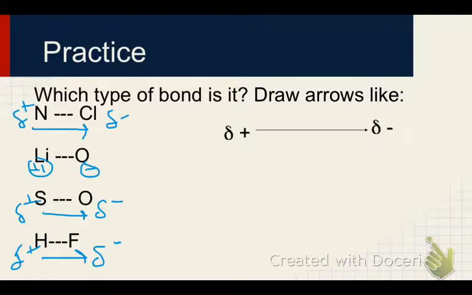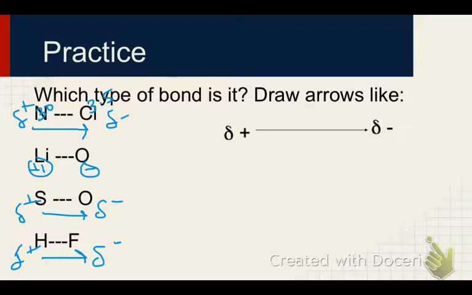Okay, so time to check our answers. First one, N to Cl. N has a lower electronegativity than chlorine, and that's a difference of 0.5 because N is 3.0 and chlorine is 3.5. Oh wait, hold on, I don't know if that's right. I might be remembering wrong. Whoops.